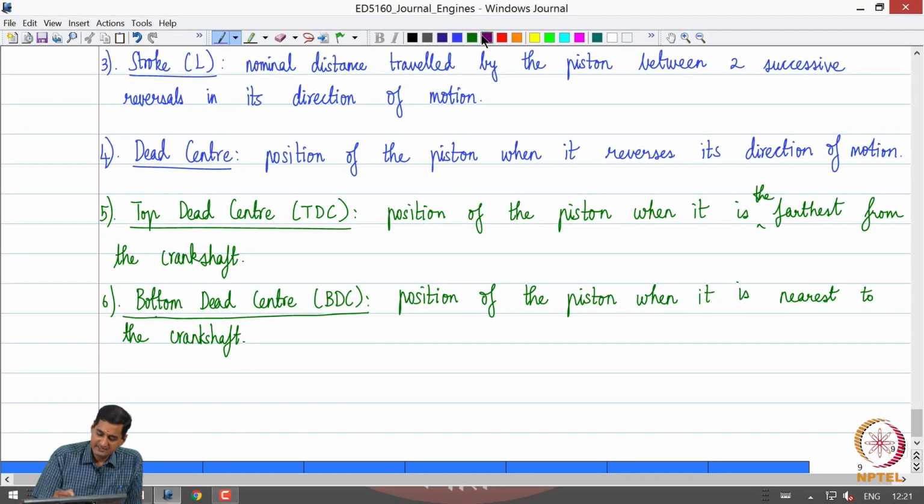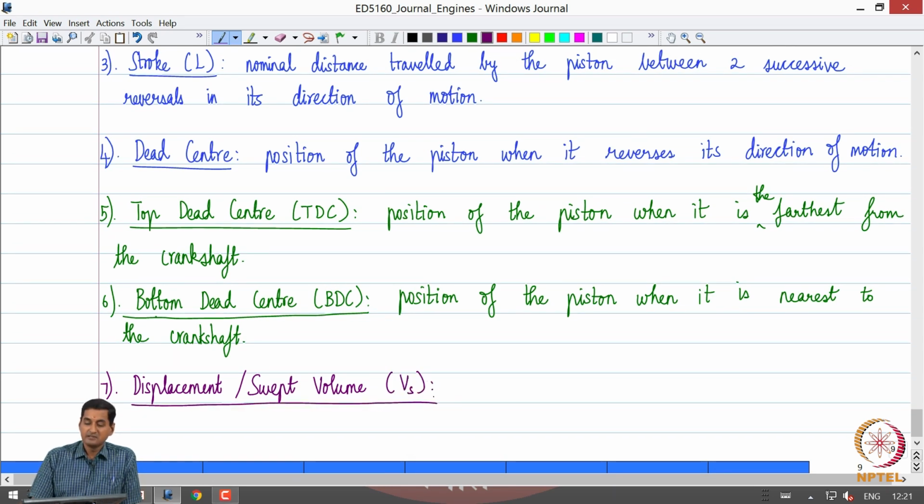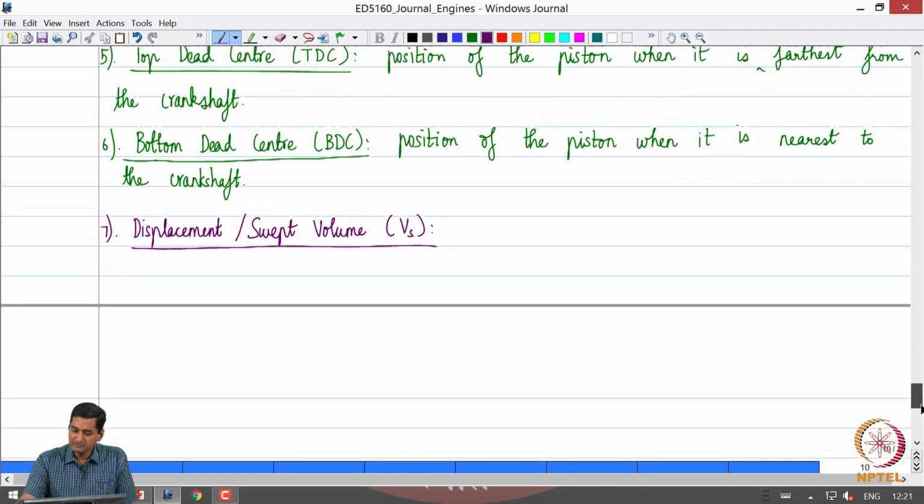Okay. So, the next term that we are going to look at is what is called the displacement or swept volume, which is indicated by V subscript S. So, what is this displacement or swept volume?